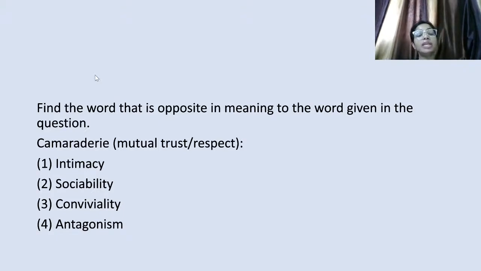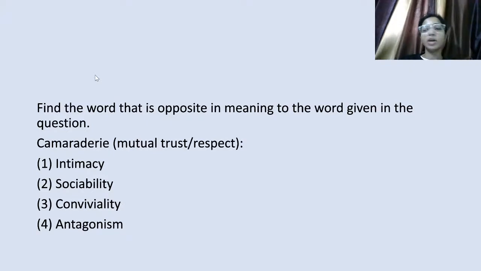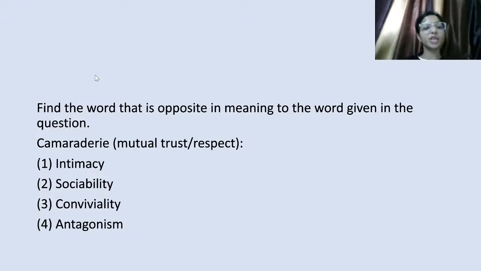What is the meaning of intimacy? Intimacy means physical or emotional closeness, the intimate relations, and it can be both emotional and physical. Second is sociability.